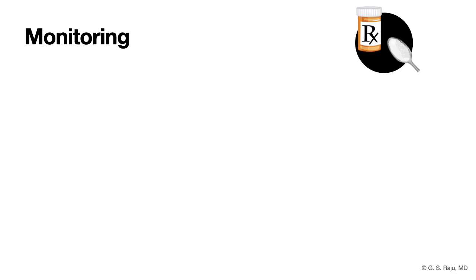So let us look at a patient who is on sodium restriction and also on a combination of diuretics, spironolactone and furosemide. And you ask the patient to bring their weight chart.